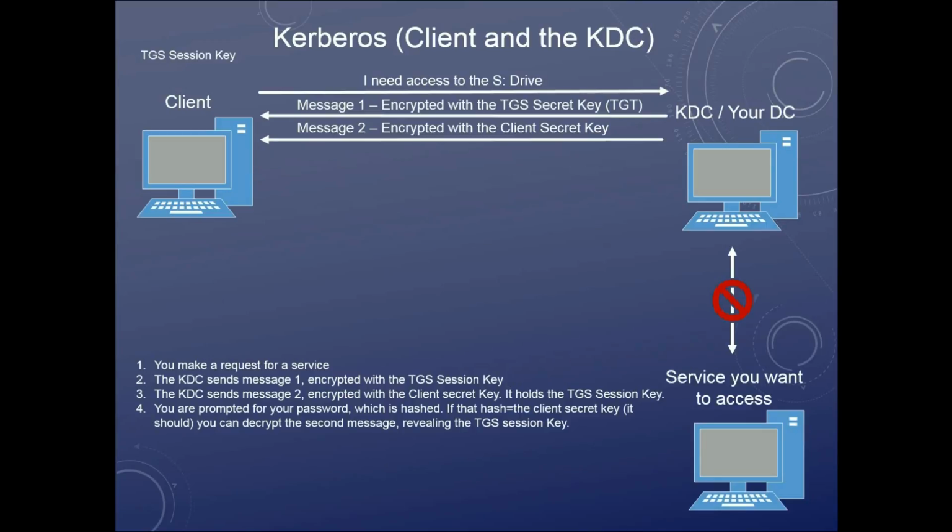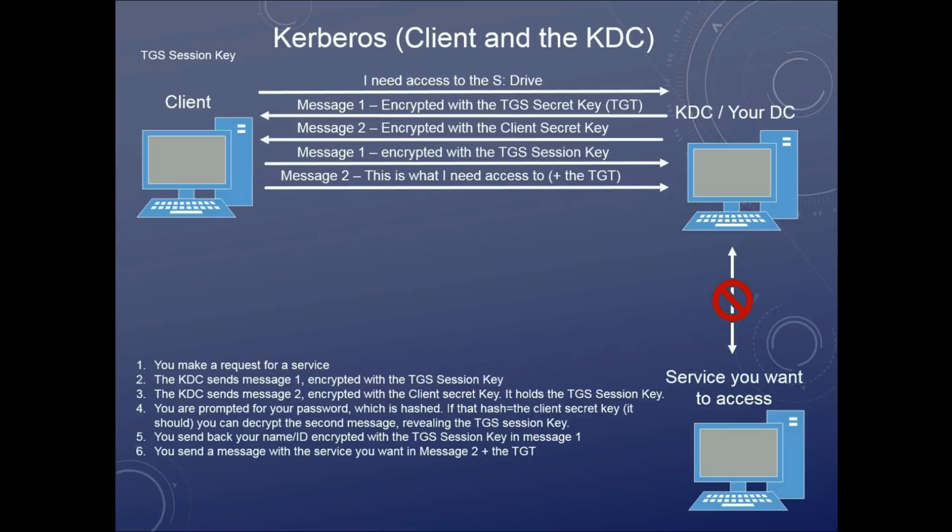Okay, that's only part of it. What you are now going to do is send back your ID encrypted with the session key in message number 1. And in message number 2, it's a clear text one. You're going to send back a message with the service that you want along with the TGT, that ticket granting ticket.